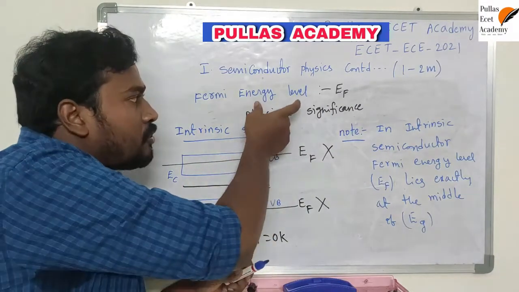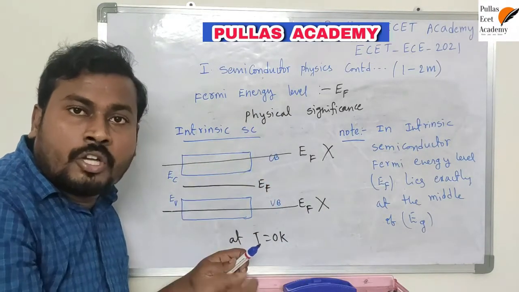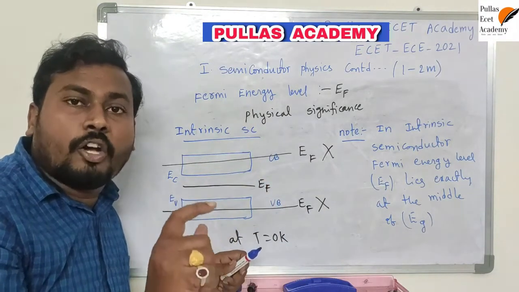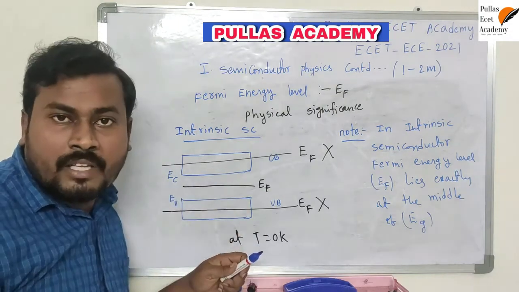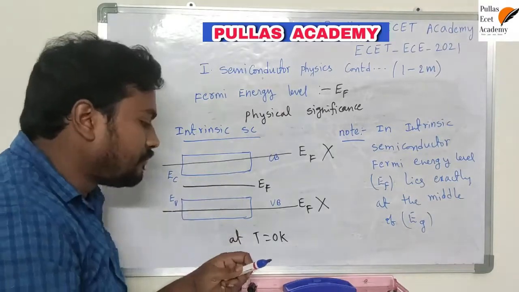And what is the purpose of this Fermi energy level? This Fermi energy level is used to represent the probability of finding an electron, either in the conduction band or in the valence band.